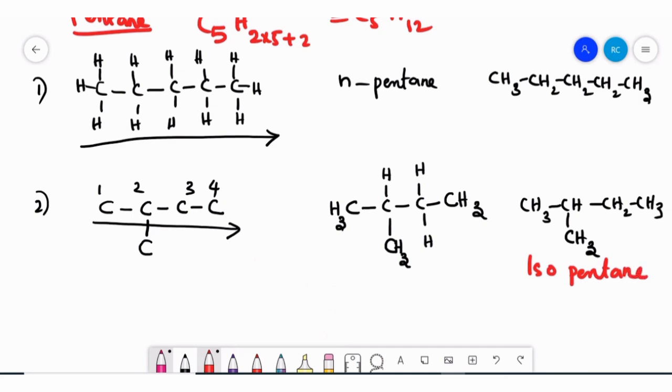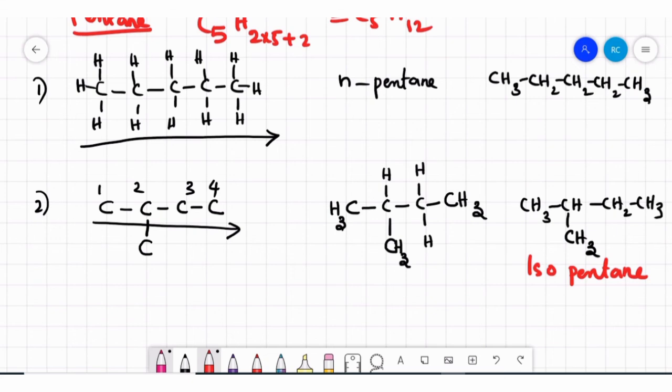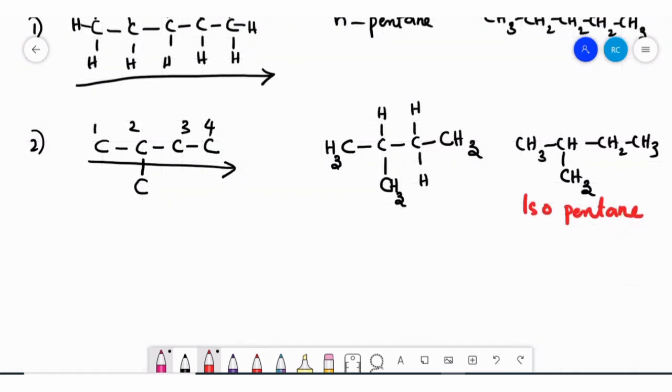One more possibility we can write is this way: you write only 3 carbons in the straight chain, and the remaining 2 carbons you put as branches on the second carbon atom.